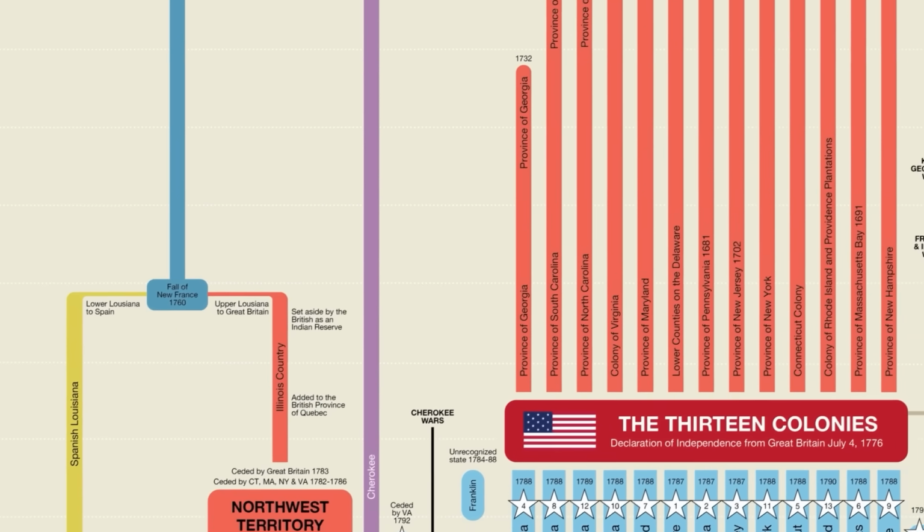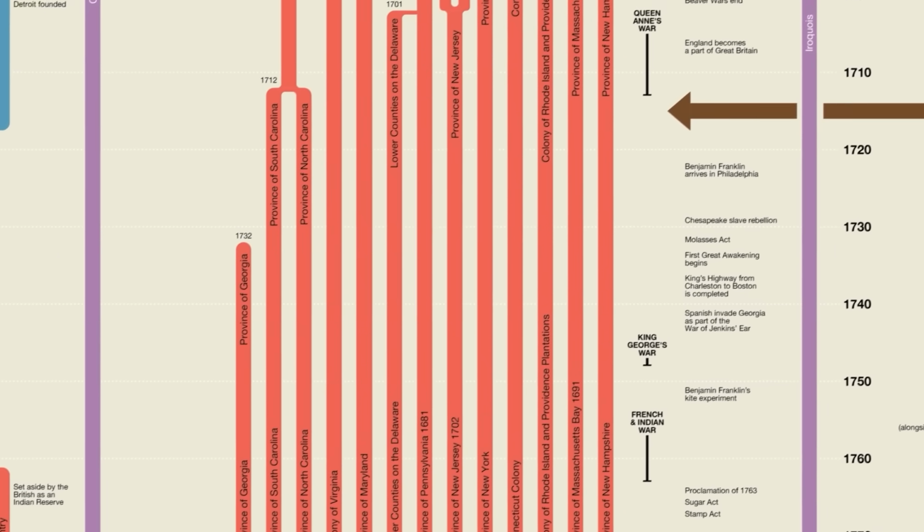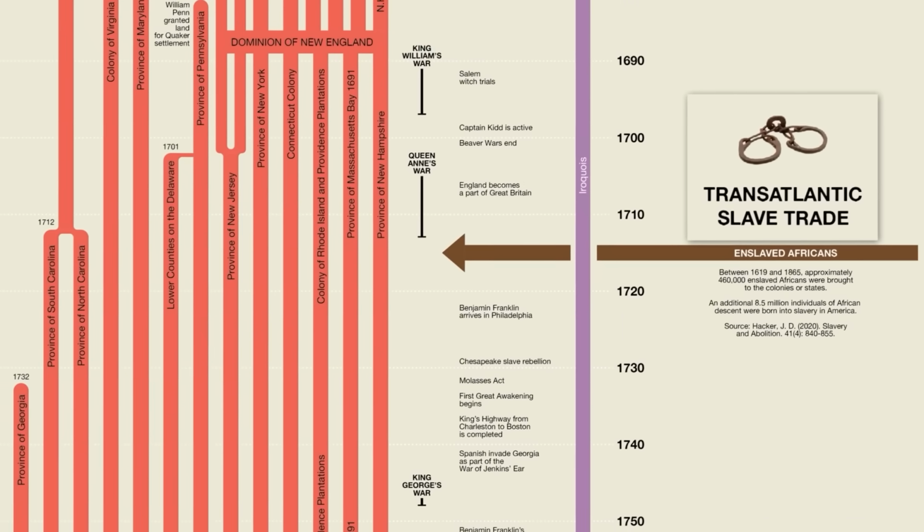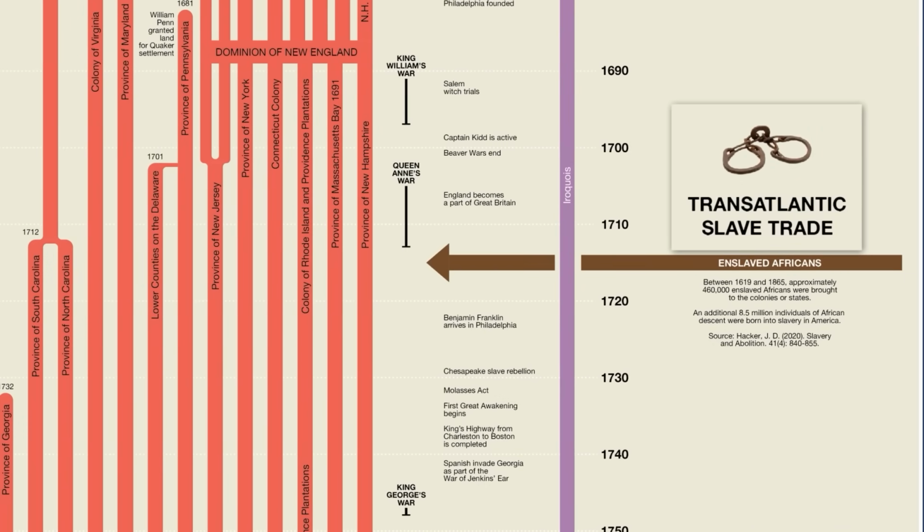Finally, before I talk about the American Revolution, I want to address the transatlantic slave trade and race-based slavery, which in terms of U.S. territory began in 1619 and continued long past independence, all the way to 1865. During this time, a total of 460,000 Africans were captured, enslaved, and brought over to the colonies or states.